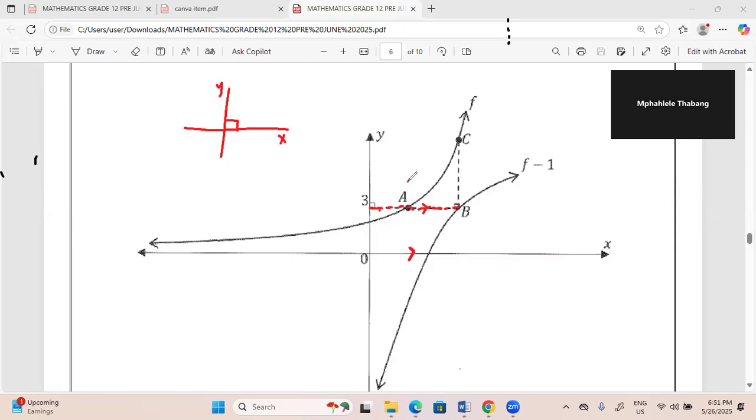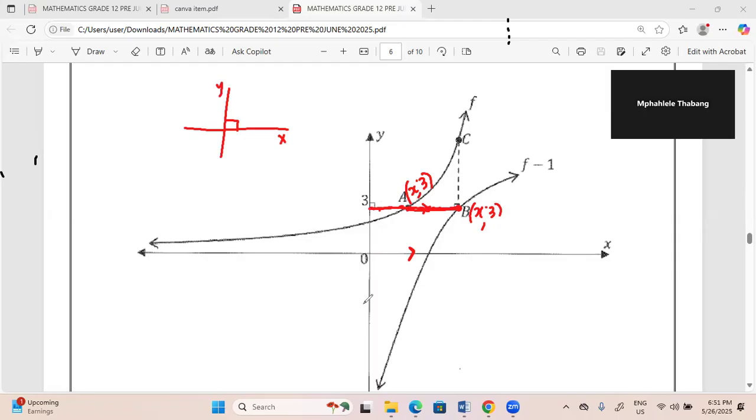At A, I might not know x, but y is 3. At B, I might not know x, but y is 3. So along this line, which I've drawn with a red color, the y coordinate does not change.